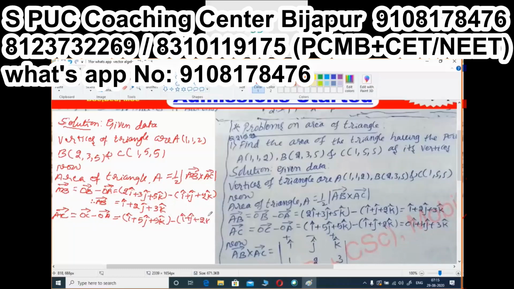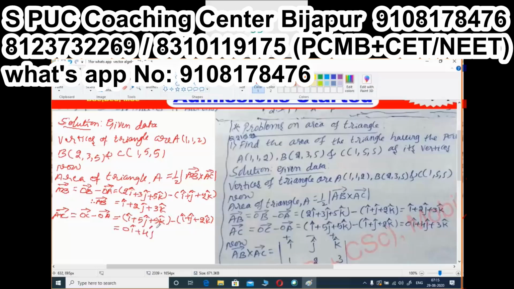Okay, if you like, you can write the simplification here only, or else you can write it below. So here I cap minus I cap comes out as 0 I cap. Next, 5 J cap minus J cap is 4 J cap.